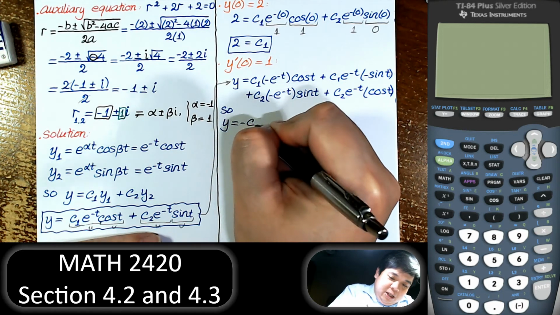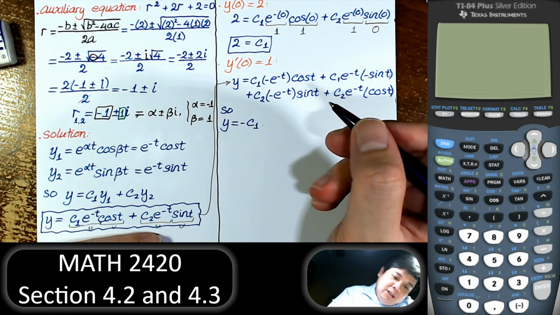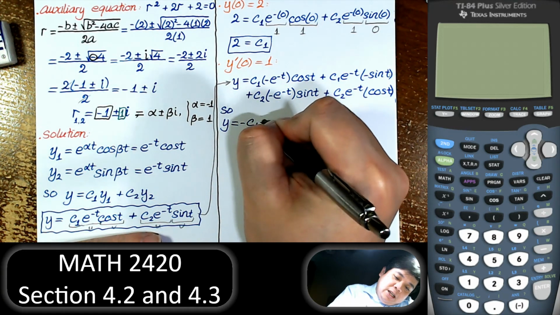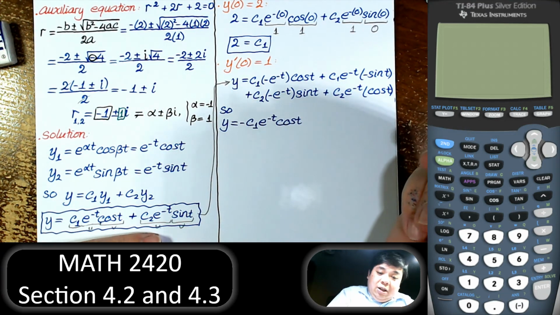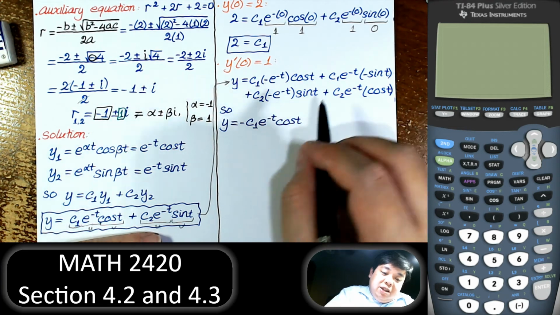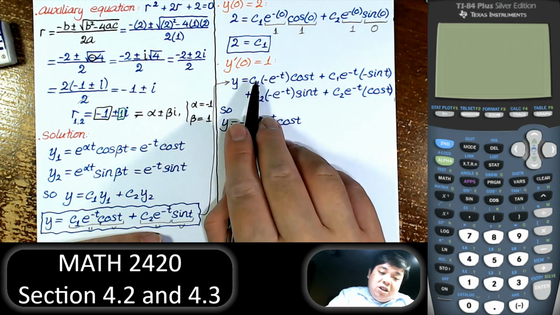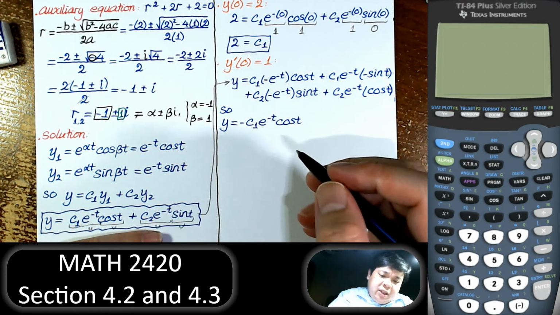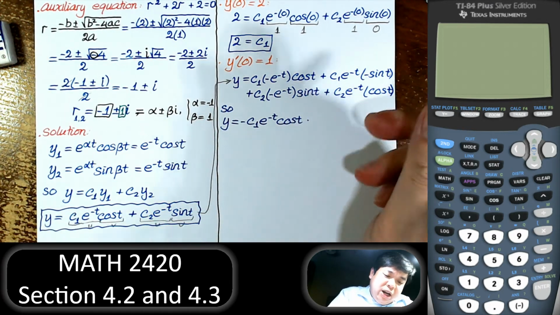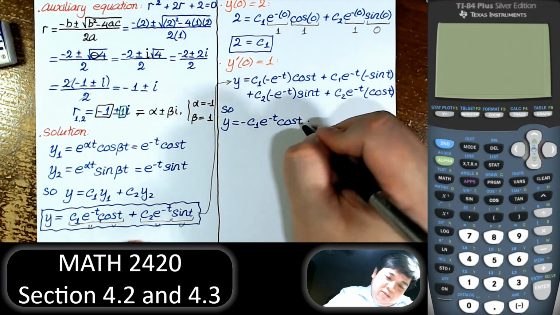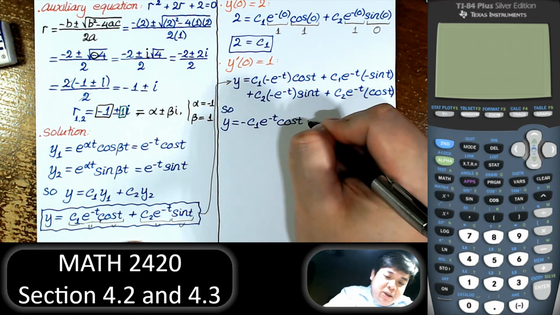Negative c1 e to negative t cosine t, and we cannot simplify any of this. We can combine like terms, but we're going to put the numbers in anyway, so it's not going to be a big deal.